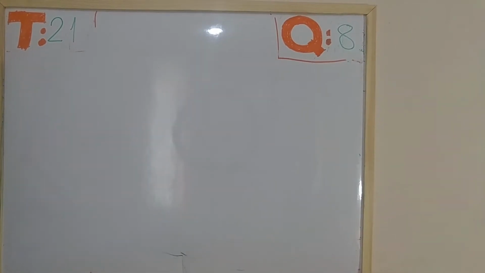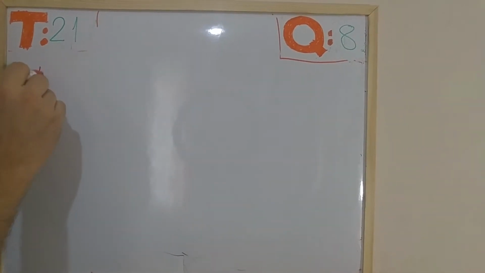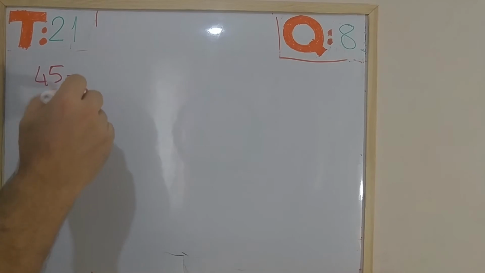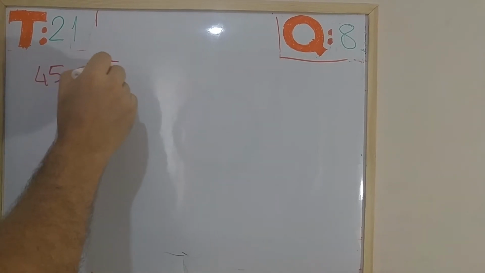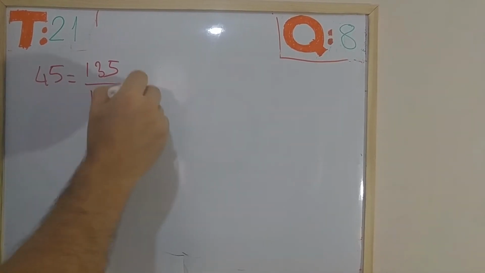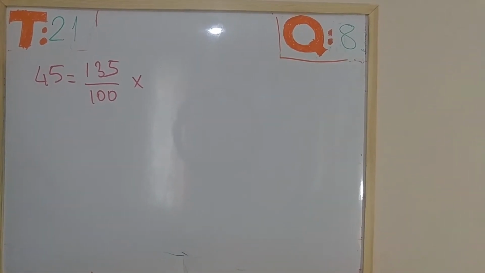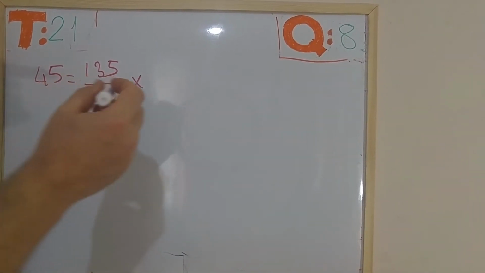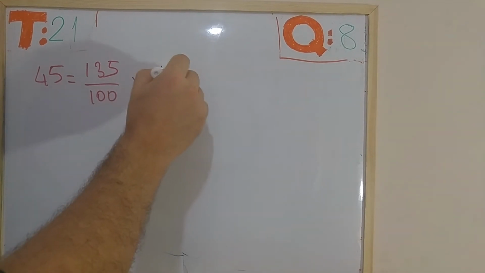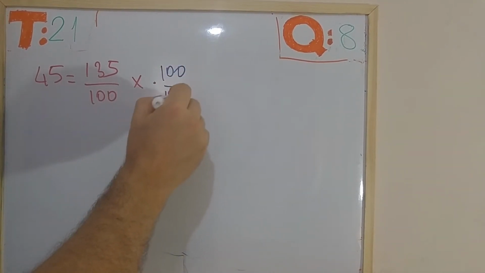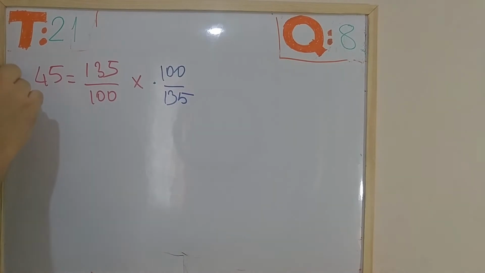45 is equal to 135% of what number? Let's find this out. Let's make the simplification first. Let's leave x alone first by multiplying by 100 over 135. Here also we have the same thing.